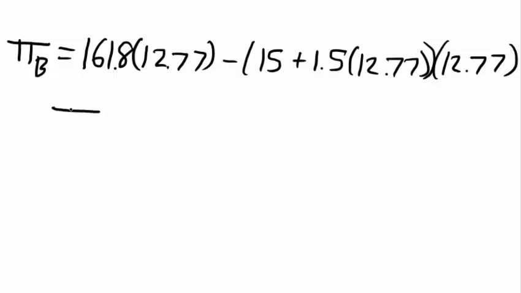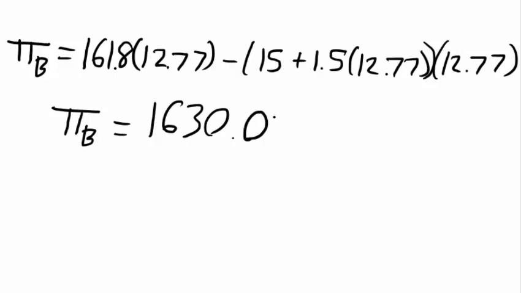And we get a profit for firm B after plugging it into a calculator of 1,630.03. And so we have found profit for both firms in an oligopoly market. And since firm B has the lower marginal cost, it then results in a higher profit than firm A.